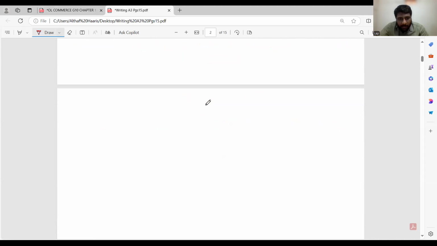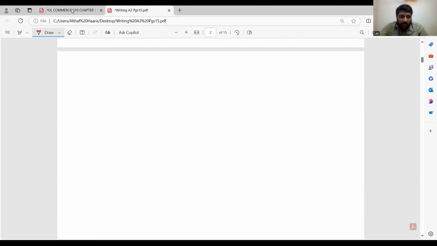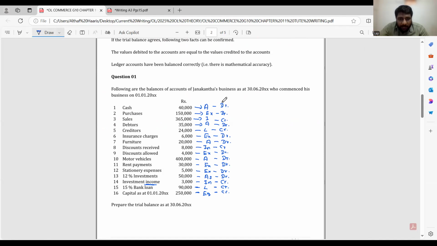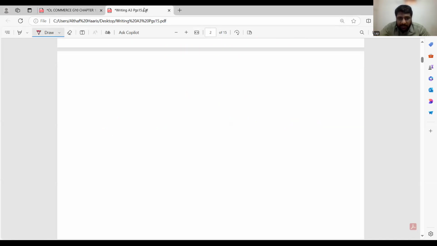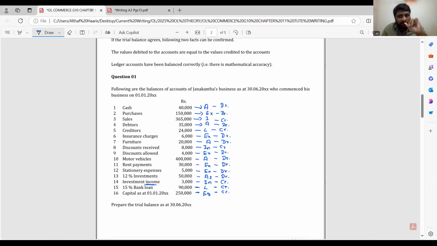Now, children, we'll prepare the trial balance. So what is the company? Janakanta's business trial balance as at 30th June 2026.